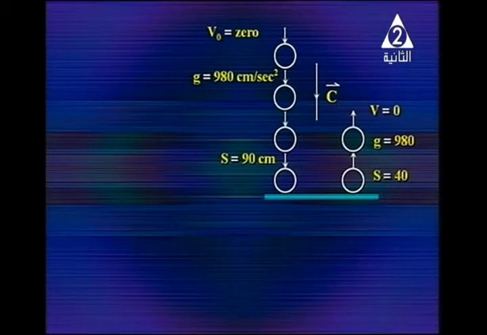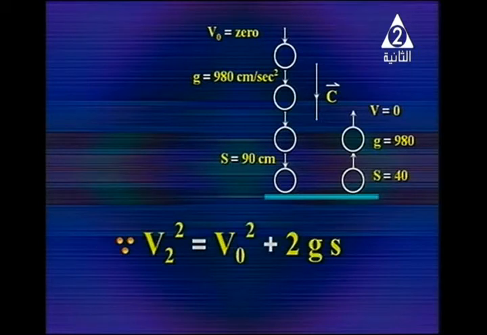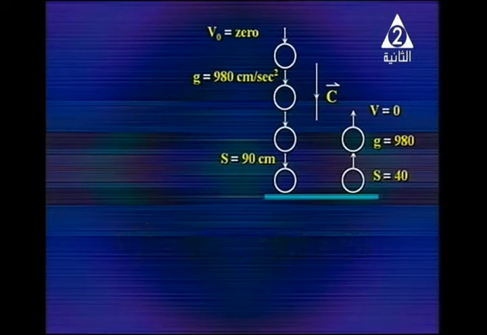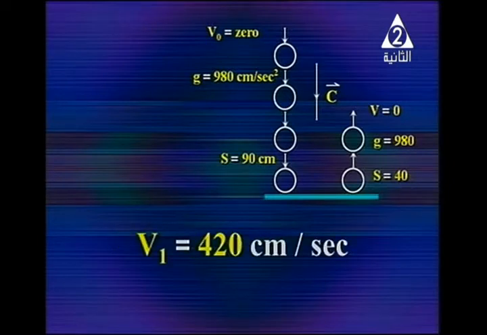Look at, dear student, from V square equals V naught square plus 2GS. Find V1, the velocity when the body falls. V1 equals 420. This is the velocity when the ball falls: it moves with velocity 420 centimeter per second.